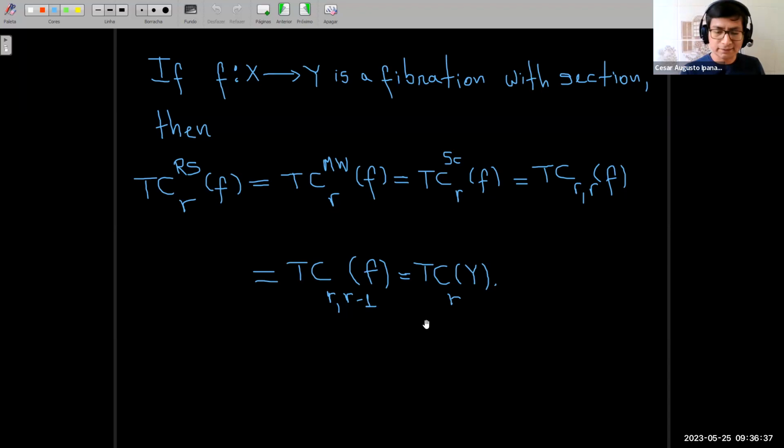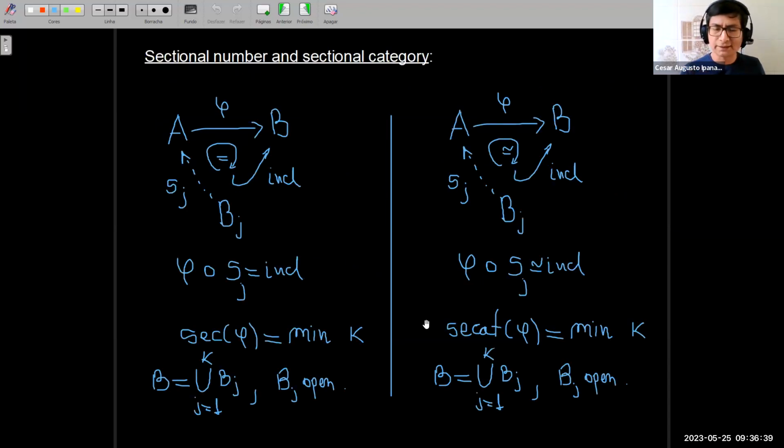I will present some generalizations, but before that, I will present some preliminaries, for example, the classical sectional number and the classical sectional category.